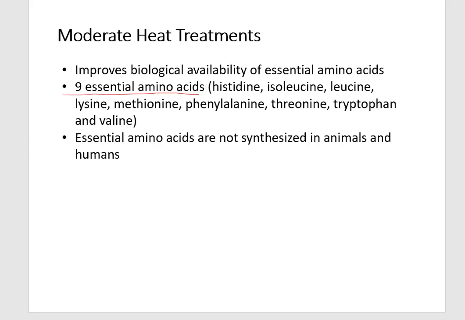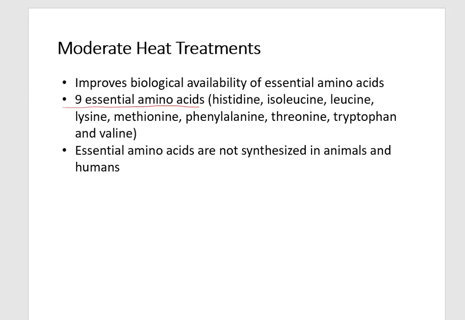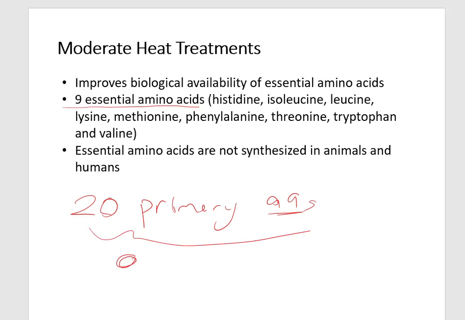Remember, before we said we have 20 primary amino acids, right? So among these 20 amino acids, 9 of them are essential. They are essential amino acids.